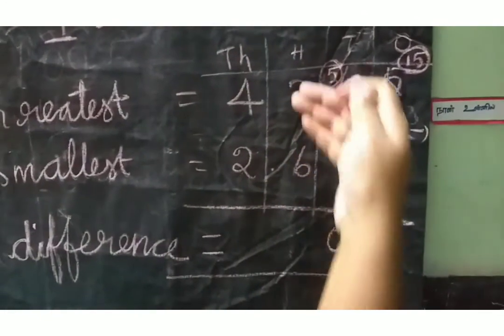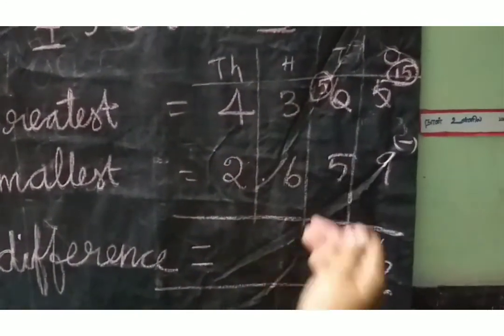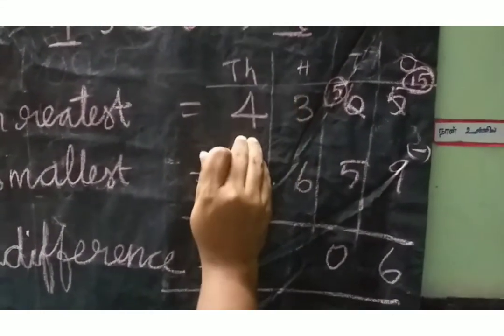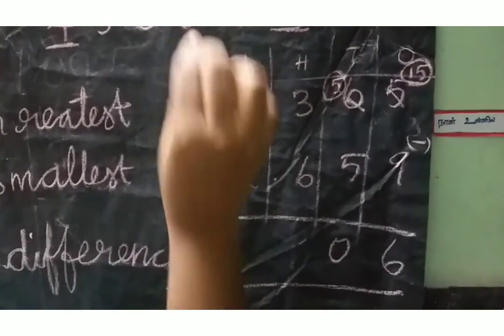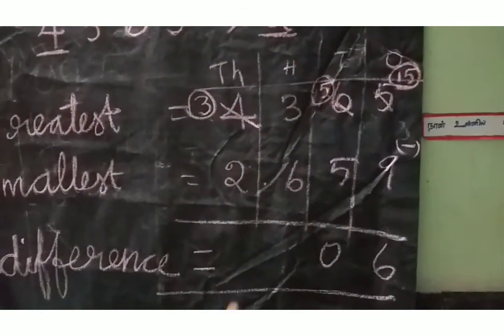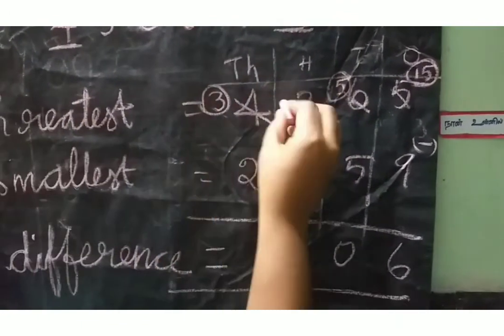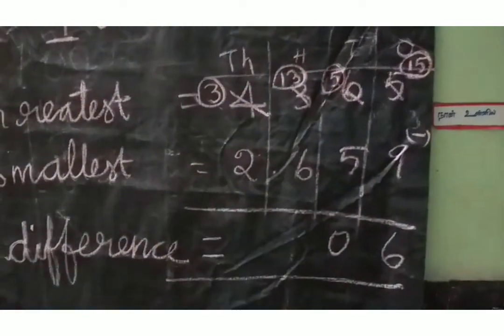Here, where is the greatest number? Again you check it. Where is the greatest number? Below. Below means you have to borrow from the nearest. So you have to cut the before number and write the before number. Where you give the number, you should cut and write the before of the given number.